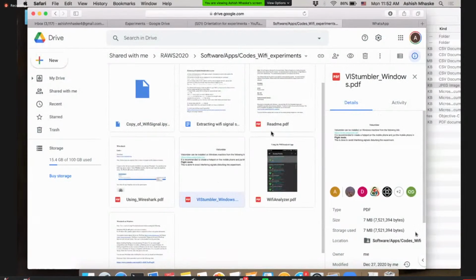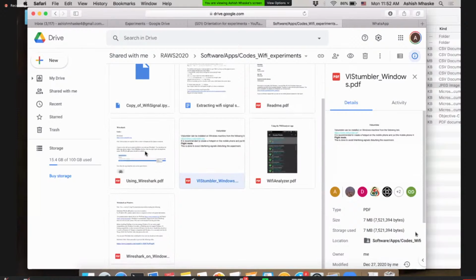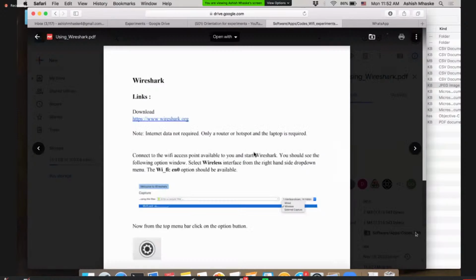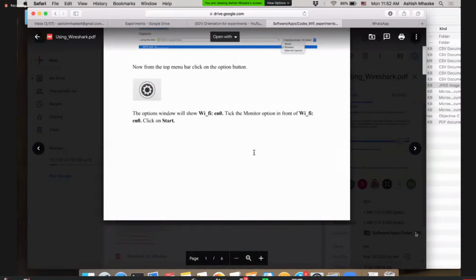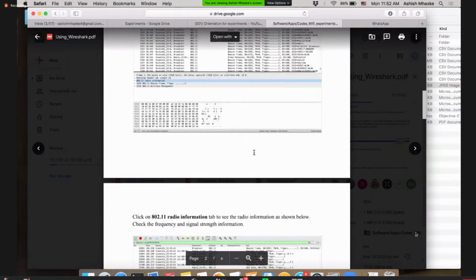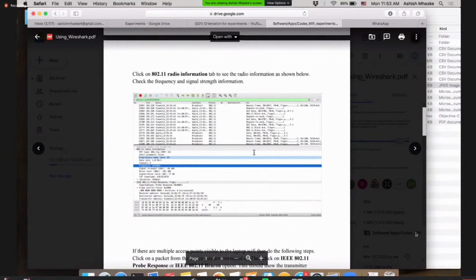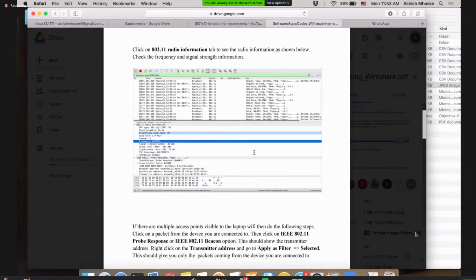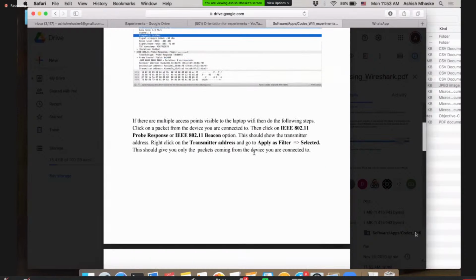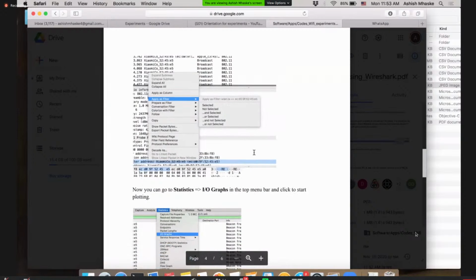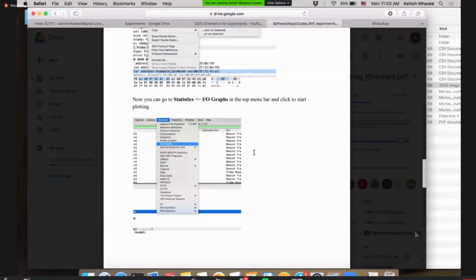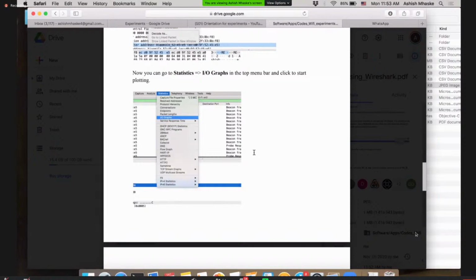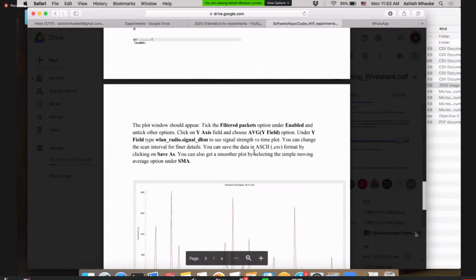Similarly, for Mac OS, there is Wireshark with similar features. It is much more versatile, but it supports only a limited number of hardware adapters, your Wi-Fi adapters. So it might not work on all systems, but we have checked it on Mac and it works. I have also given in the README file the list of adapters supported by Wireshark.